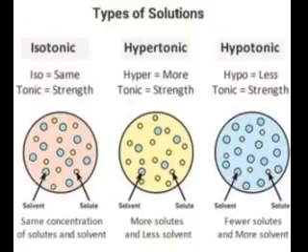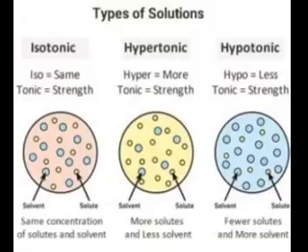Hyper means more. Tonic means strength. So if more solute and less solvent concentration is there in the solution, then that solution is known as a hypertonic solution. Now hypotonic solution. Hypo means less. Tonic means strength. So when fewer solutes and more solvent concentration is there in the solution, then that solution is known as a hypotonic solution.